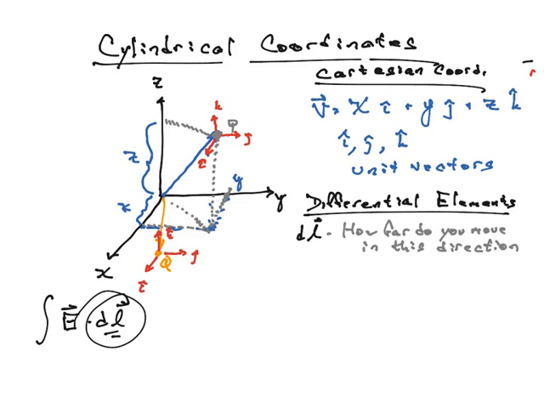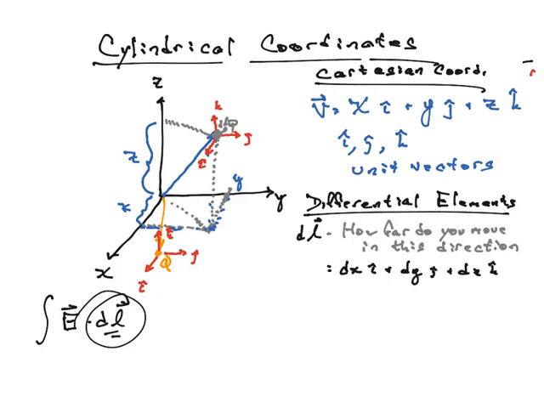And if I'm at point P and I'm going to change by a certain amount dl, you know, maybe point P goes from where it is here to over here, and I've moved a certain amount dl, well, that means I've moved a little bit in x, a little bit in y, and a little bit in z. And so dl is going to be: how much do I move in the x direction, i hat, plus how much do I move in the y direction, j hat, plus how much do I move in the z direction, k hat.